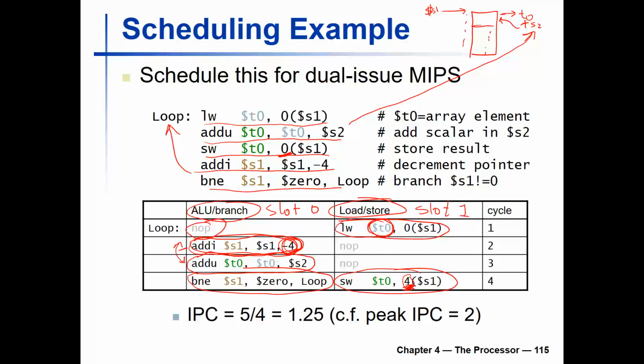So in this loop, how many instructions do I have? 1, 2, 3, 4, 5. How many cycles? 4 cycles. So instructions per cycle is 5 over 4, which is 1.25. Ideally, the peak instructions per cycle is 2. The peak means the ideal, but because of dependencies, we have 1.25.